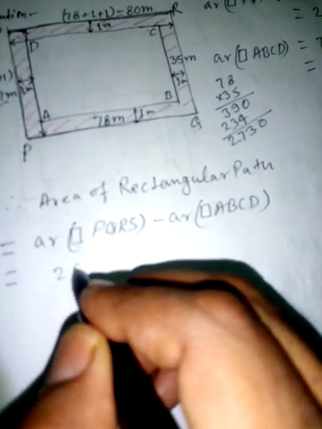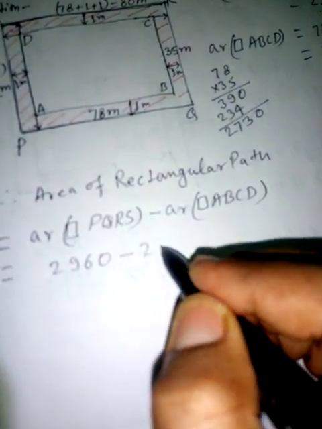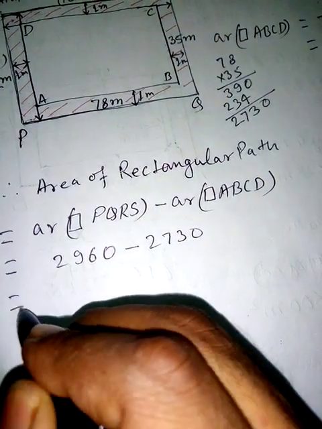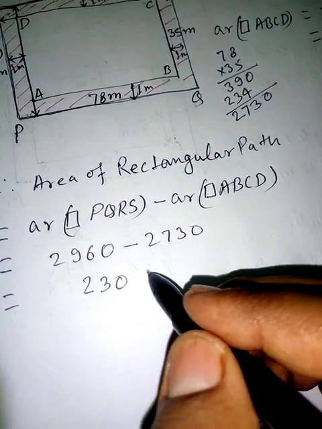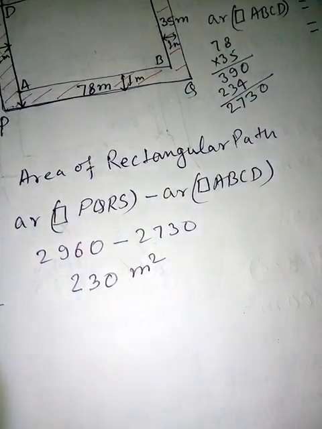That will be 2960 minus 2730, and it gives 230 meter square.